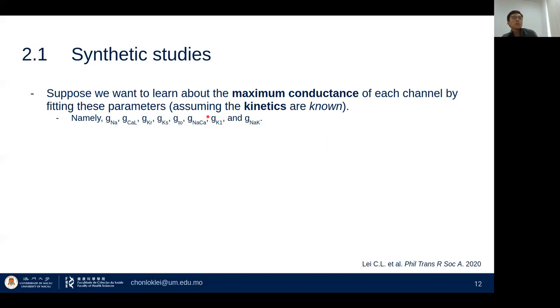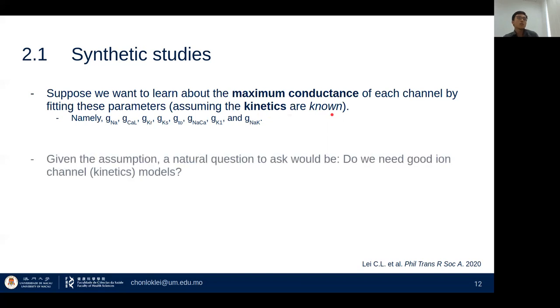Given this assumption that the kinetics are known, the obvious question to ask is: do we need a good ion channel kinetic model, or do we need a perfect ion channel kinetic model? I'll put it that way.